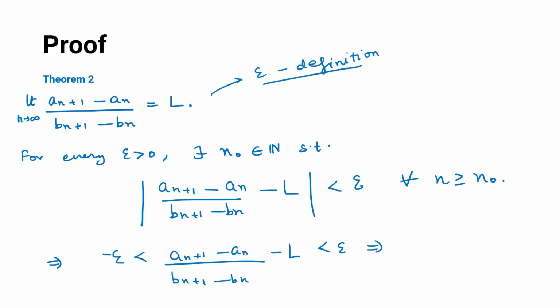So this rearranges to give us that (a_{n+1} minus a_n) divided by (b_{n+1} minus b_n) is less than L plus epsilon and greater than L minus epsilon, right? So this is what we have finally. Now we're going to try to manipulate this part. So let's move on to the next page.